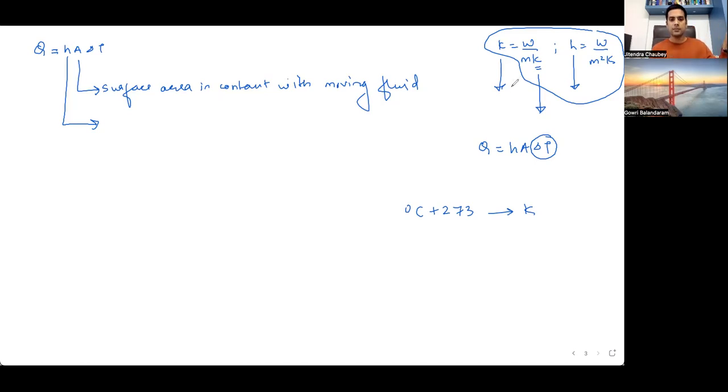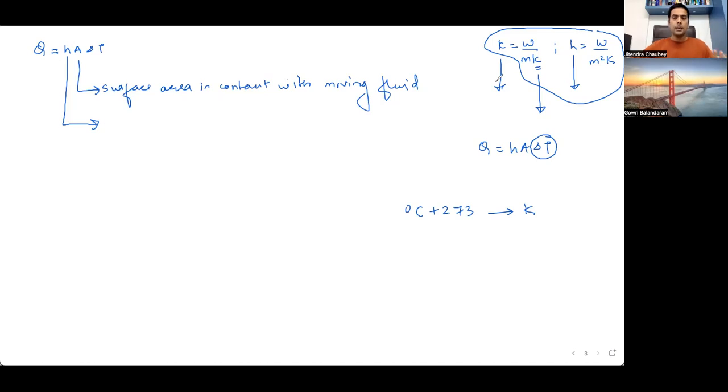This only applies to conduction and convection. You don't have to play with the units if it is given in degree Celsius or Kelvin. For radiation, it is always in Kelvin. By default, in any thermal subject, the standard unit of temperature is Kelvin.